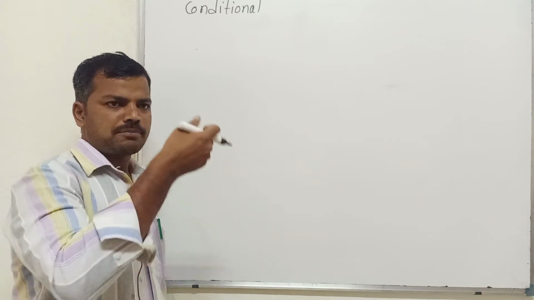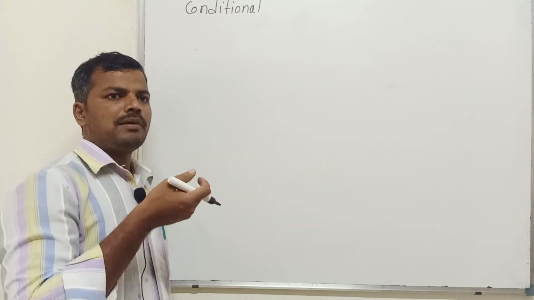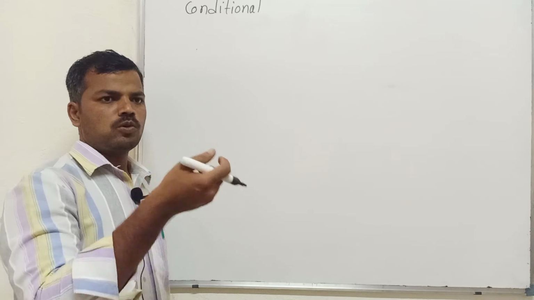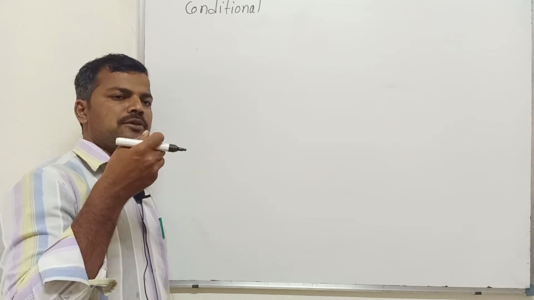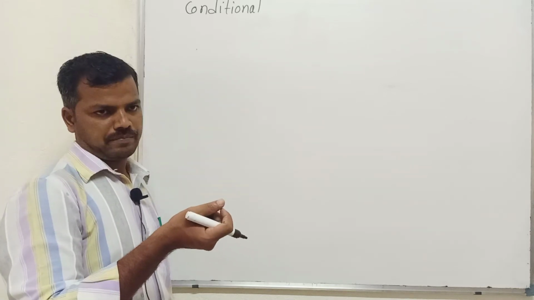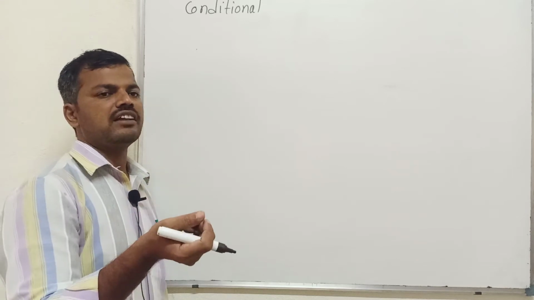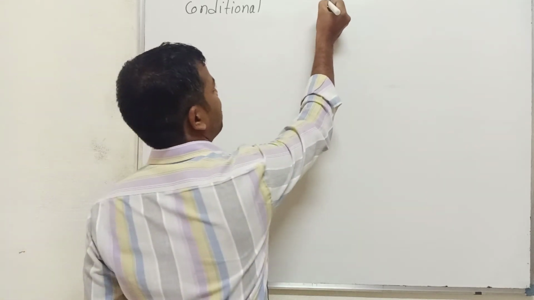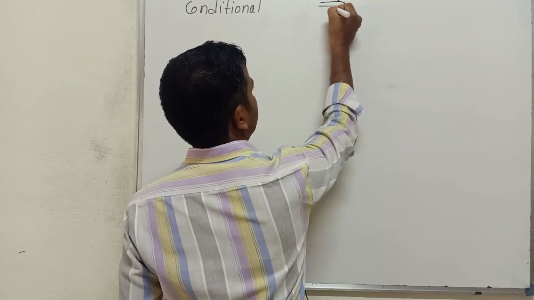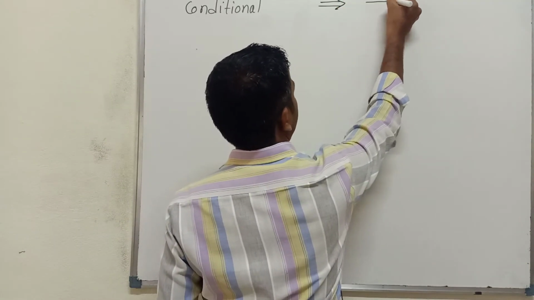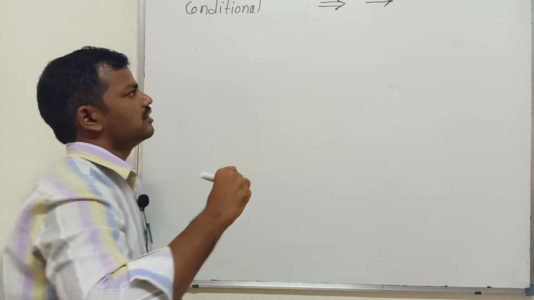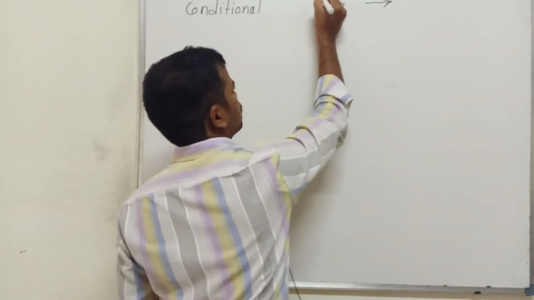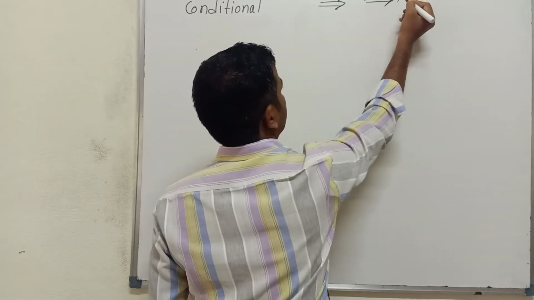So a compound statement is formed by combining two or more statements by using the words if then. Then it is called a conditional. Symbolically we write it with an arrow mark. So this is the symbol we use for the conditional.